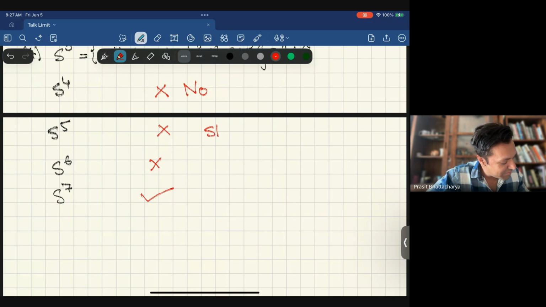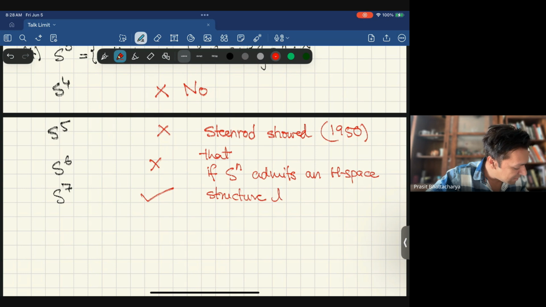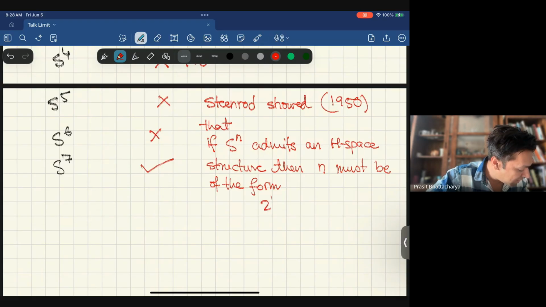So Steenrod showed, I think in 1950, that if S^n admits an H-space structure, then n must be of the form 2^k minus 1.